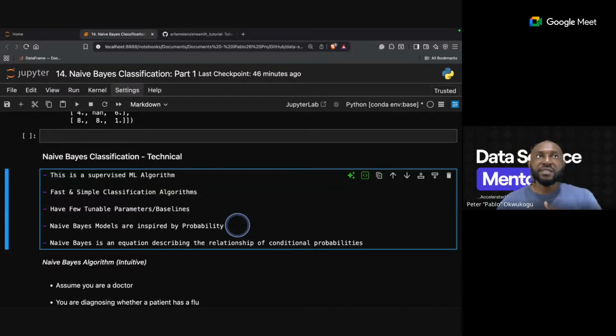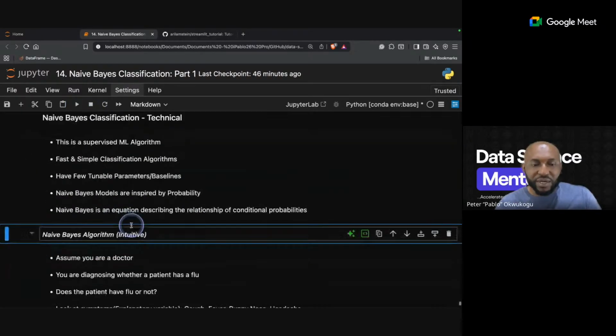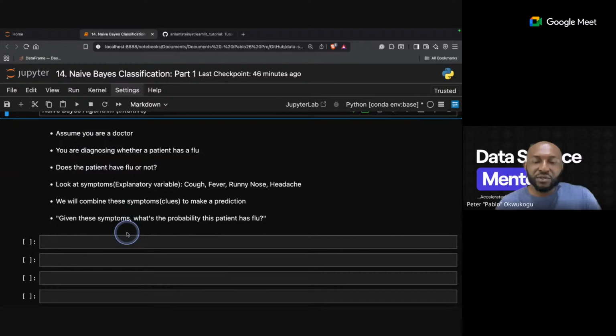Now, do you see that? This is some technical stuff. But when I come down here, it's: given these symptoms, what's the probability this patient has flu? You can see the difference in that conversation.